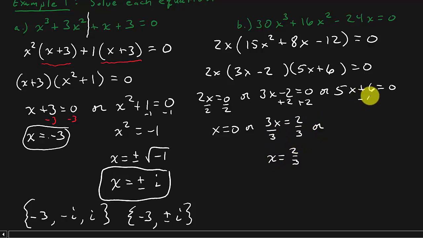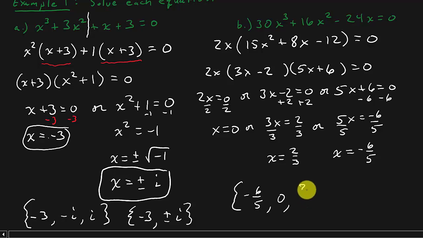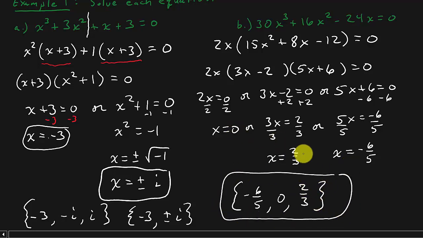Or, and here I'll subtract 6, and then divide both sides by -5, and so x equals -6/5. Okay, so our solution, we get -6/5, 0, and 2/3. And I just put them in order from smallest to largest. That's all I did.